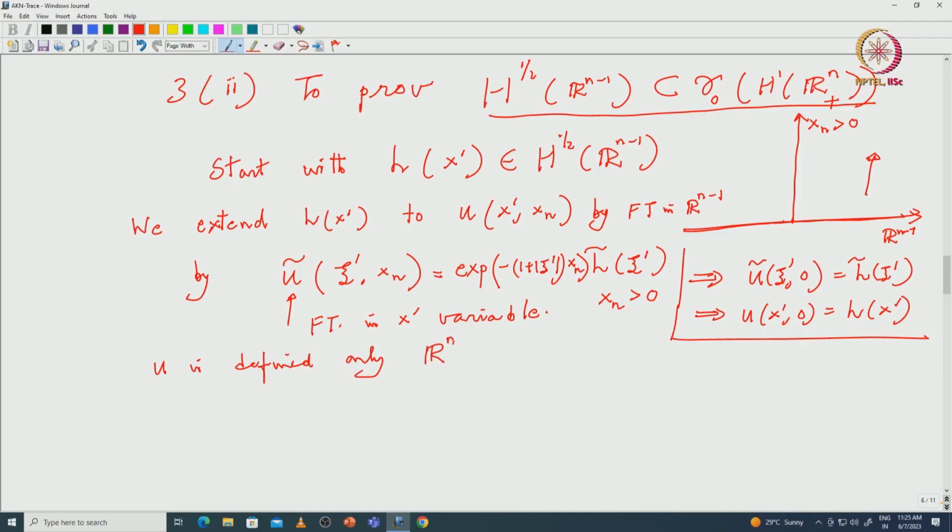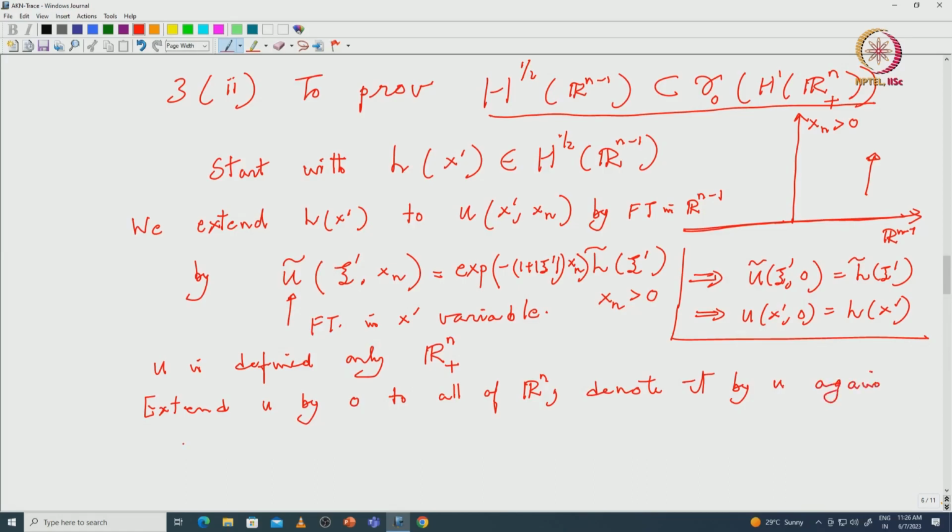It is not defined outside R^n plus, so we extend u by 0 to all of R^n.